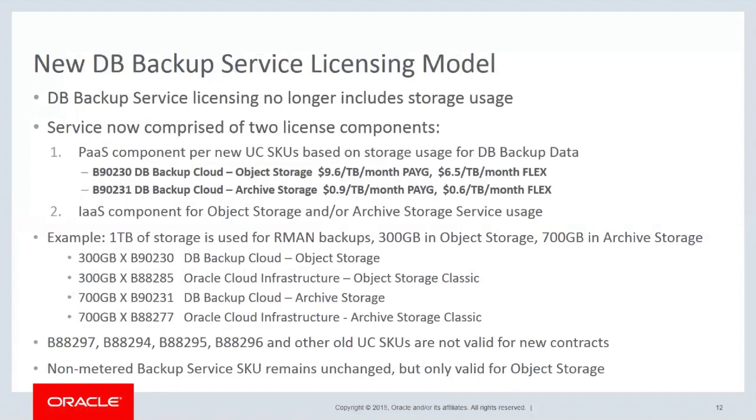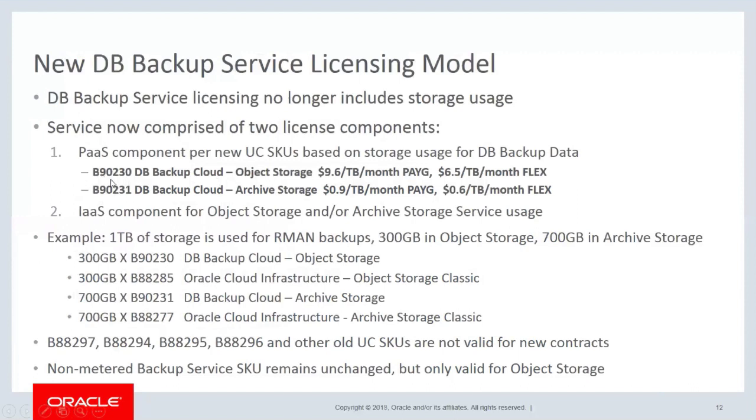This is now separated. We have two new SKUs, one for object storage and one for database backup cloud service archive storage. These two new SKUs are priced only for the cost of the backup service itself, so they must go together with the infrastructure.